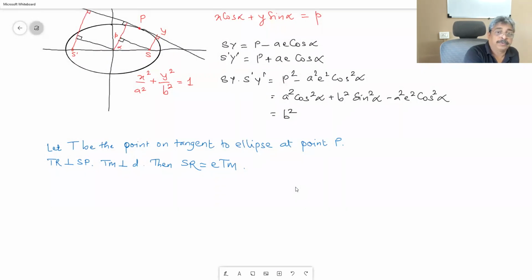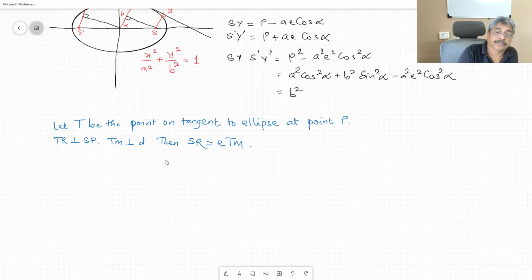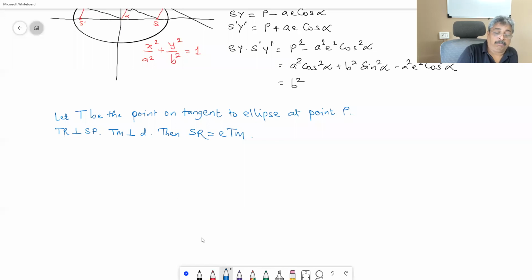Okay. So let me draw this. This is my directrix. This is my ellipse. This is my focus.